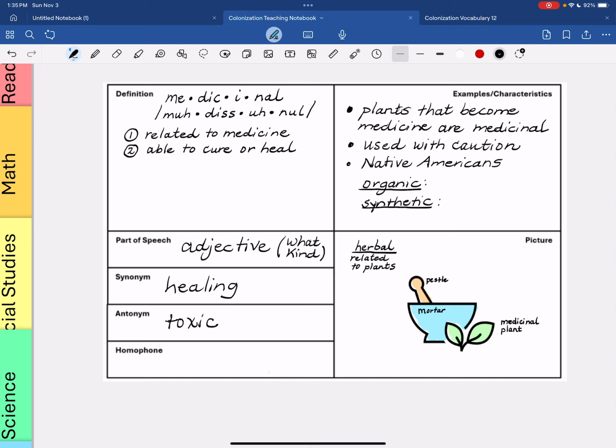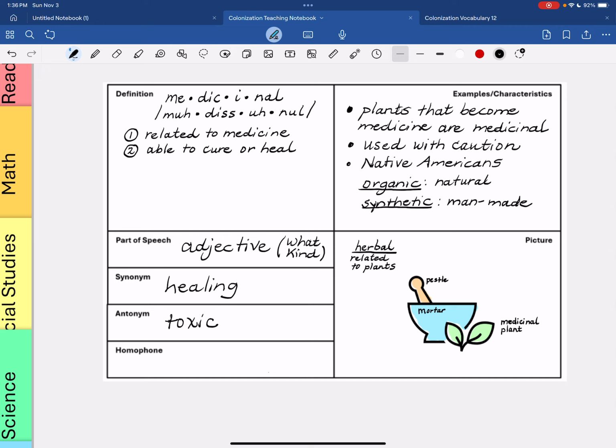And you notice that both of those end with the suffix ic. That makes them adjectives. Organic, synthetic, those are adjectives. Organic means natural, occurring in nature. Synthetic means man-made, in a laboratory.